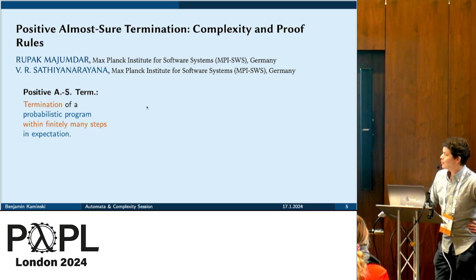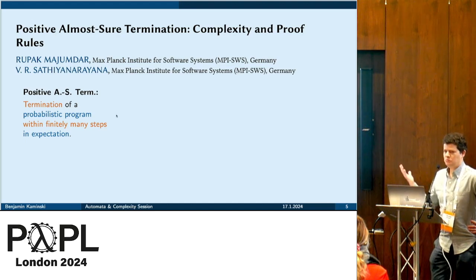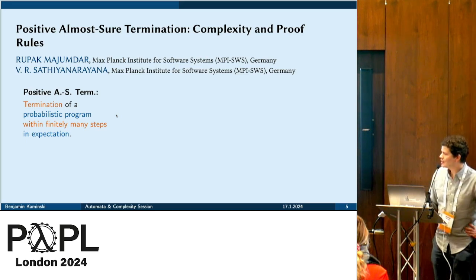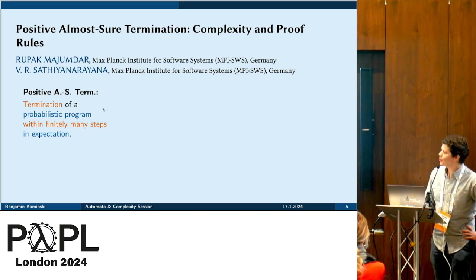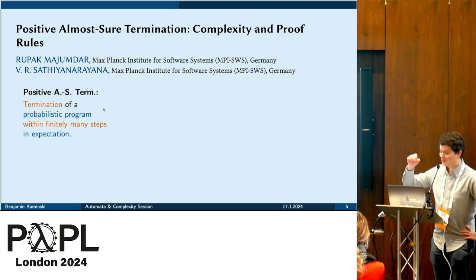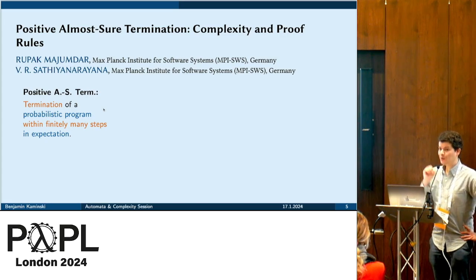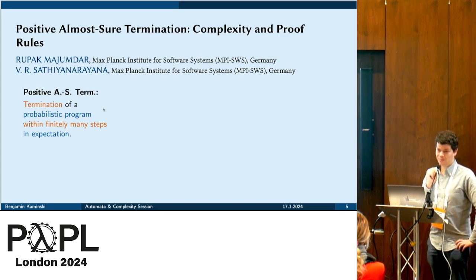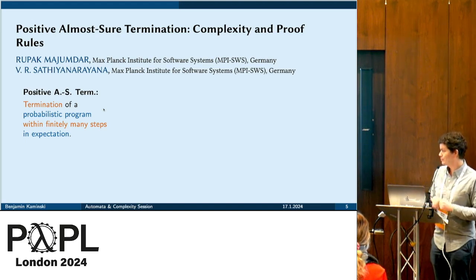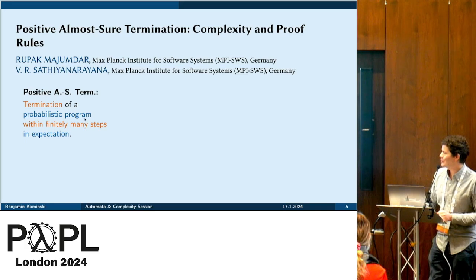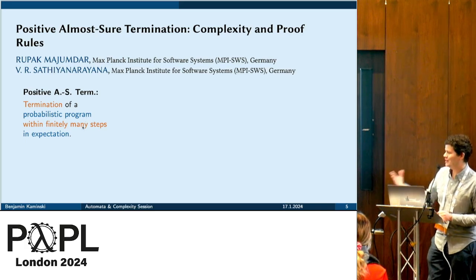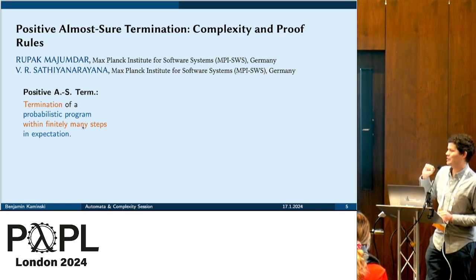So if you have a probabilistic program, you can either say, well, it could terminate with probability 1, but here we are saying even more. We are saying the program terminates within finite expected time. This is a stronger notion of probabilistic termination. So the program will terminate within finitely many steps in expectation.